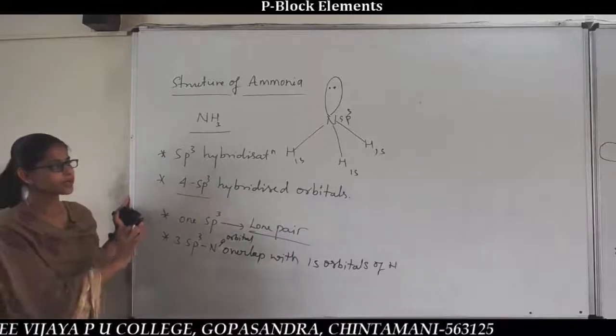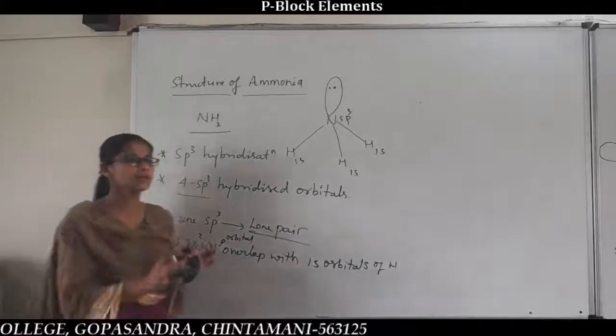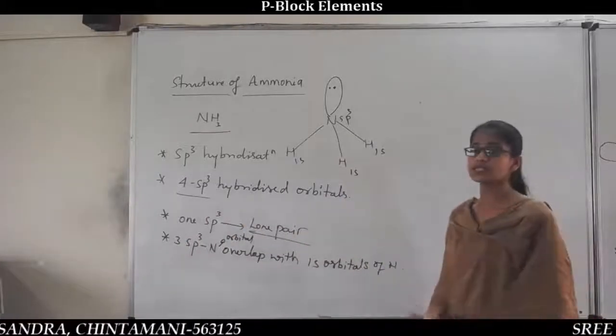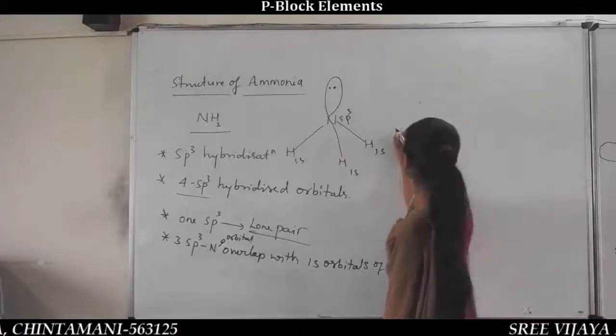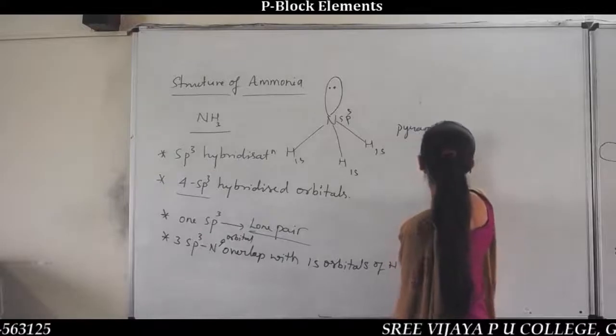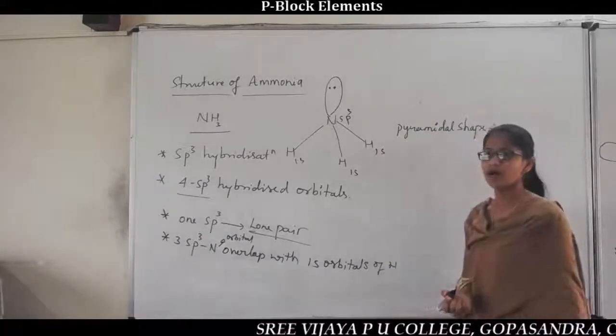Okay? This is regarding the structure of ammonia. So based on the lone pairs and bond pairs, we conclude the structure of ammonia is pyramidal in shape. This is the shape of the ammonia molecule.